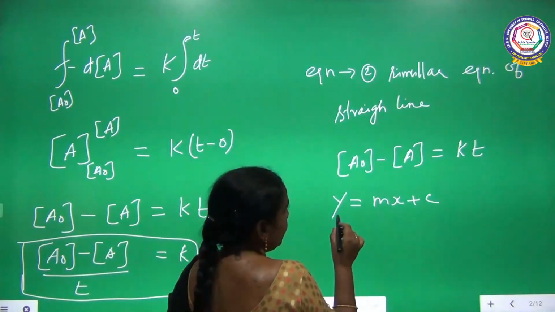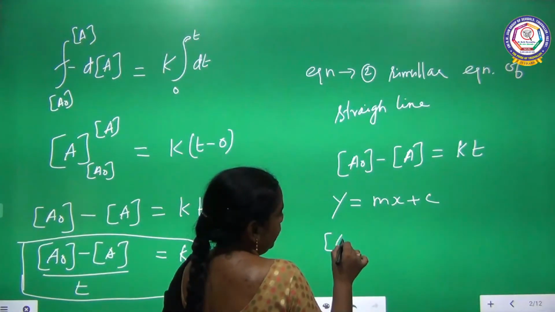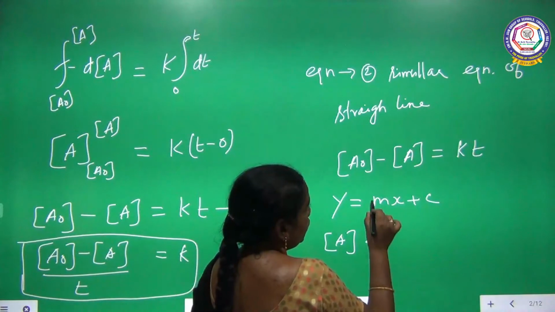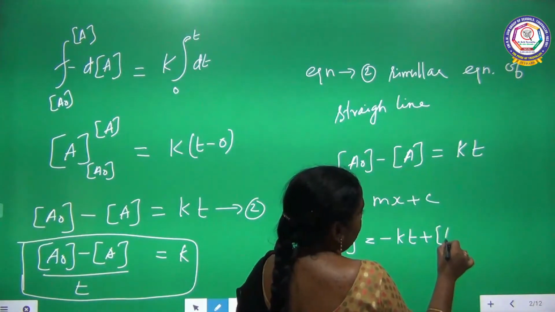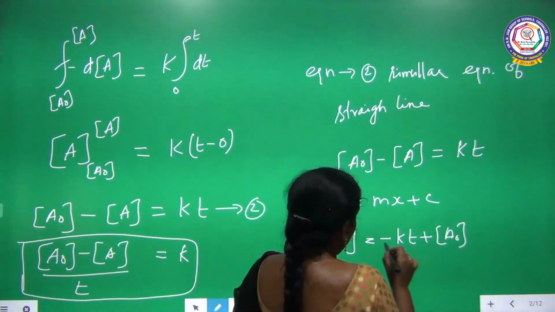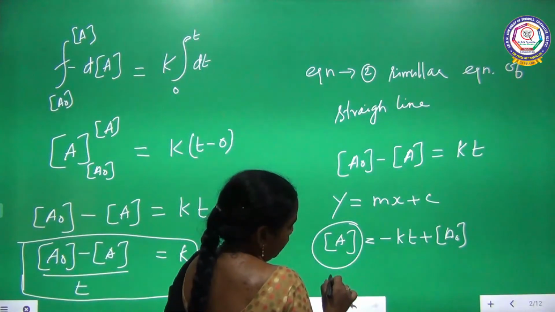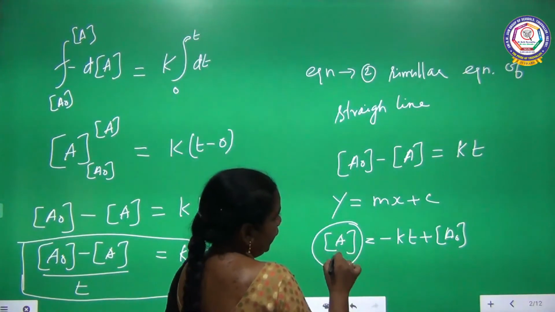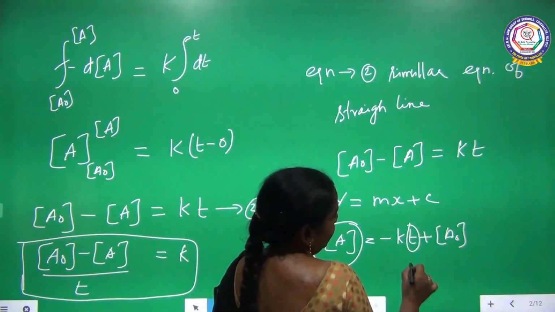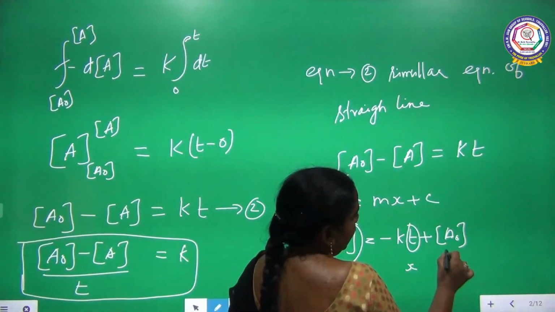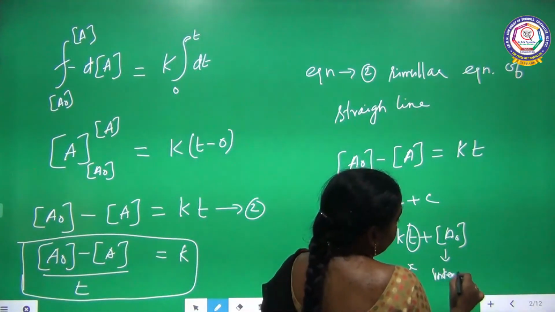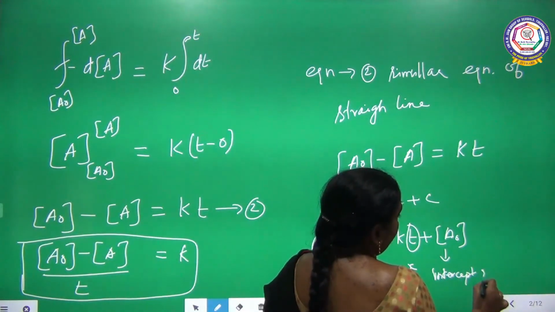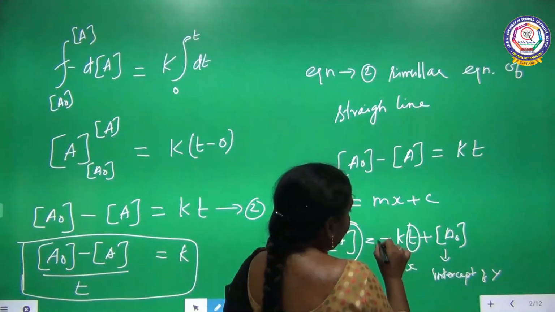So this can be written as A equal to minus Kt plus concentration of A0. So this is taken in the form of y axis, y, and t is taken as x, and this one is the intercept of y, and the slope is negative k.